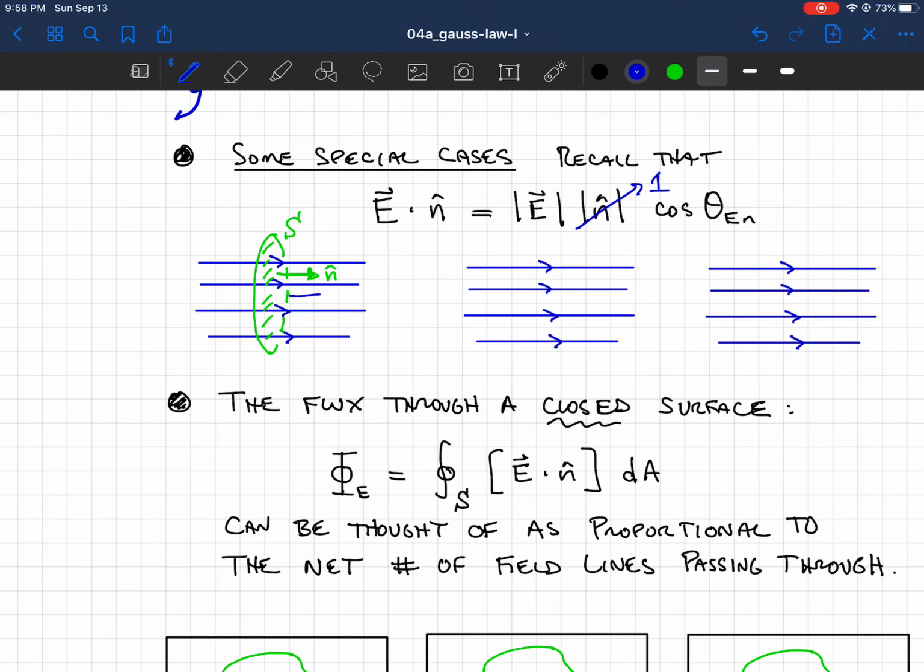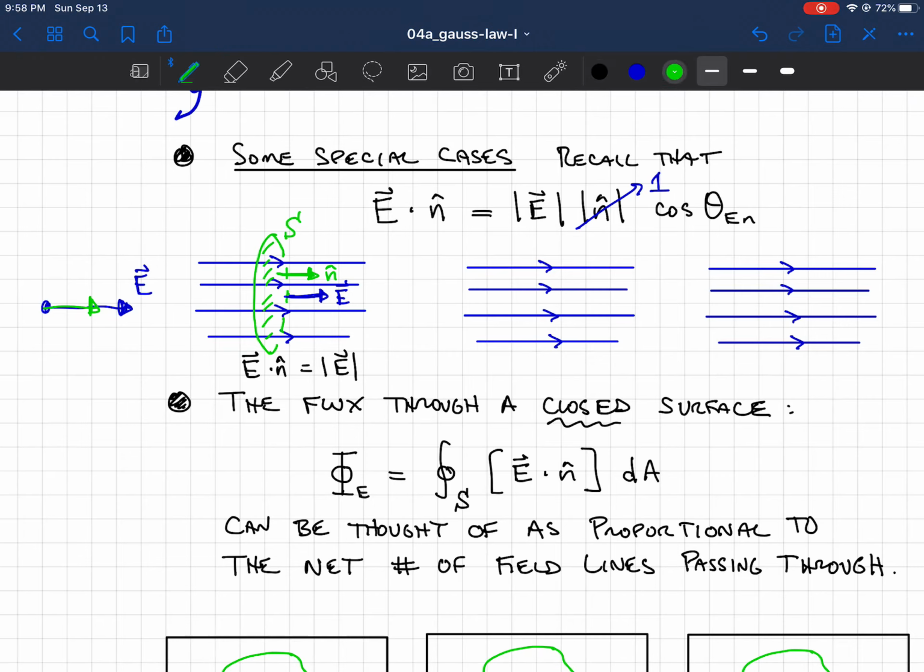You see why it's 0, because the electric field at every point on here is going to be pointing exactly the same direction as n. So if you put their tails together, that's how you do the dot product. You take the two vectors and you put their tails together, you find that the angle between them here is 0. So this will be E dot n is equal to simply magnitude of E.